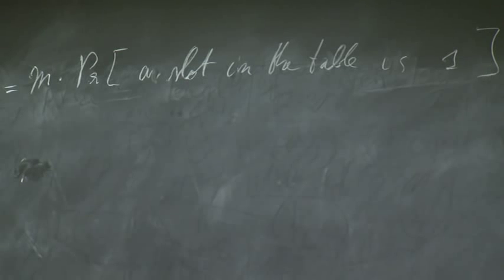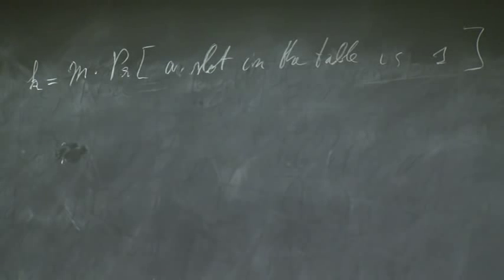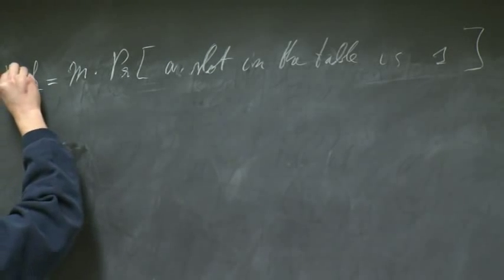People still with me? And what does that variable represent? This is k. Okay. It represents that my handwriting sucks, basically. Why do we do m times the probability? That's the expected number of ones in the table. Yeah, this is E of k, I guess.